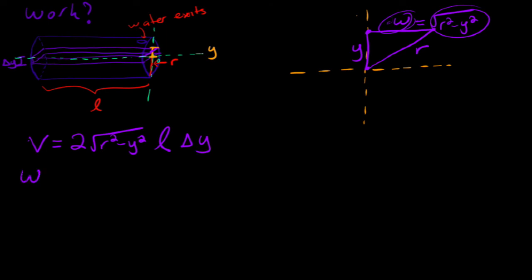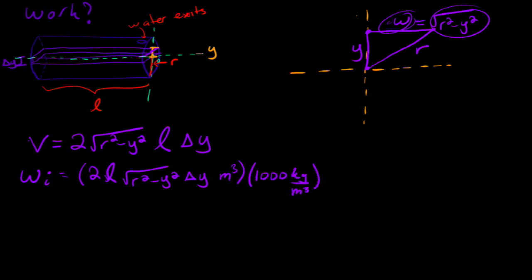Okay, so then the work needed to move this slab is going to be the volume, which is, I'm just going to write it, 2L square root of r squared minus y squared, delta y, cubic meters, times the density of water, 1,000 kilograms per cubic meter, times gravity, 9.8 meters per second squared, and then times the distance that it needs to travel.